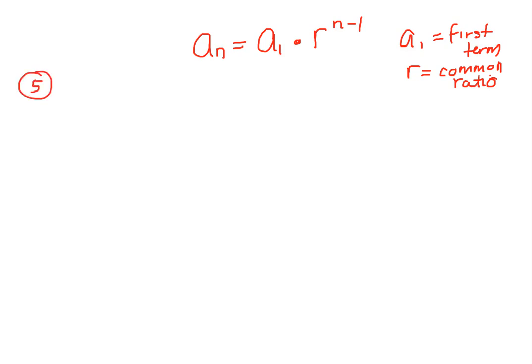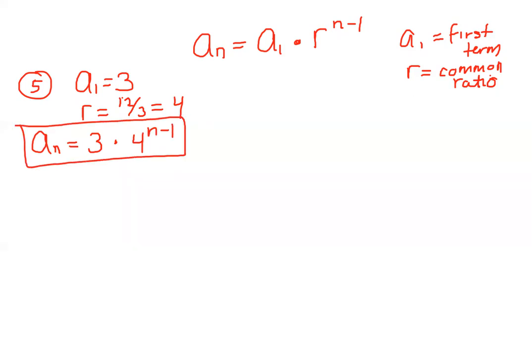Number 5 says write an explicit rule and then find a_8. So we need to know a_1, which for number 5 is 3, and we need to know r. We can find r by taking 12 divided by 3, and we get 4. Our explicit formula is a_n equals 3 times 4 to the n minus 1.